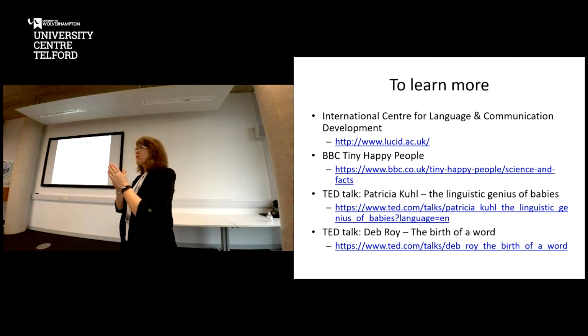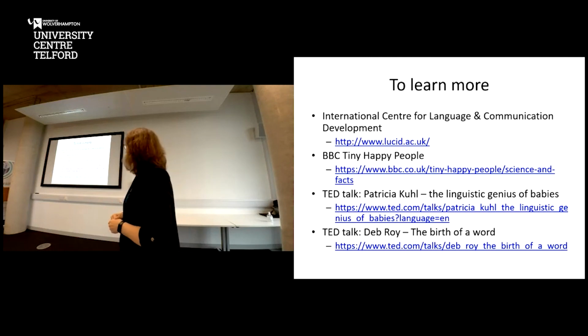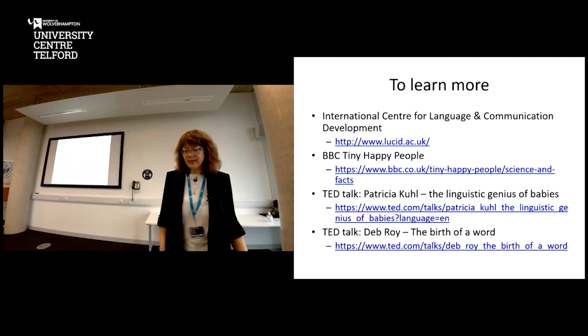These video cameras ran for about 10 hours a day and captured everything that went on at home. He was able to then trace him or his wife as they walked around the flat. They were able to trace the baby, where the baby was, and he even then traced the development of the word water from a kind of "ga" to water. So yeah, there's some really fascinating things that are going on.